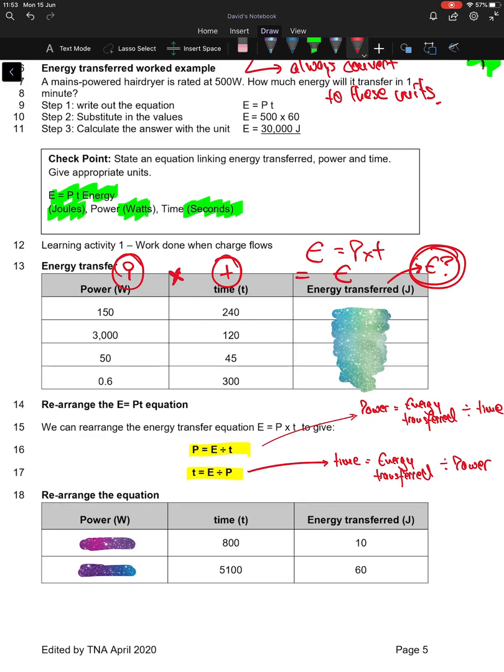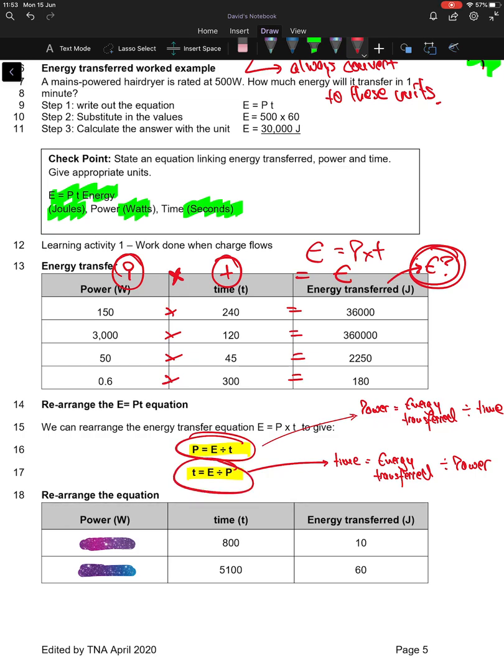And all we're doing is timesing these together to get our energy transferred. So pause and have a go for me. Right, if you've unpaused, that means you've had a go at these. So you should see that our answers are as follows, because we're following the same pattern for each of these. 1 times 2 equals that. So remember, power times time equals energy transferred.